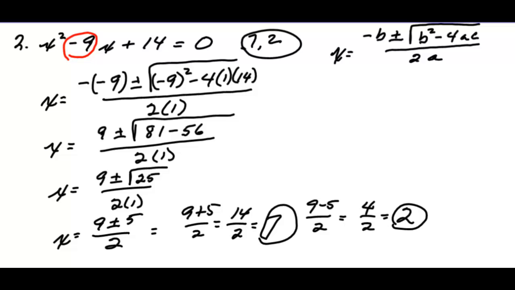When solving these, the expectation is that you will get two answers. In some rare cases you only get one answer, but that's because the trinomial is a special square, like x squared plus 4x plus 4, which is (x plus 2) quantity squared. Then you would only have one answer, which would be negative 2.